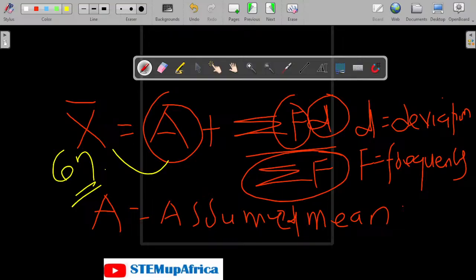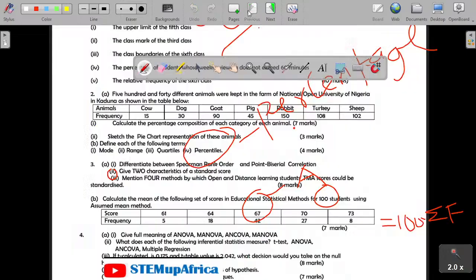So the next question is, how do we get the remaining parts to calculate the mean? First of all, we need frequency, we need deviation, and we need total frequency. So let's draw a table for the score and frequency.